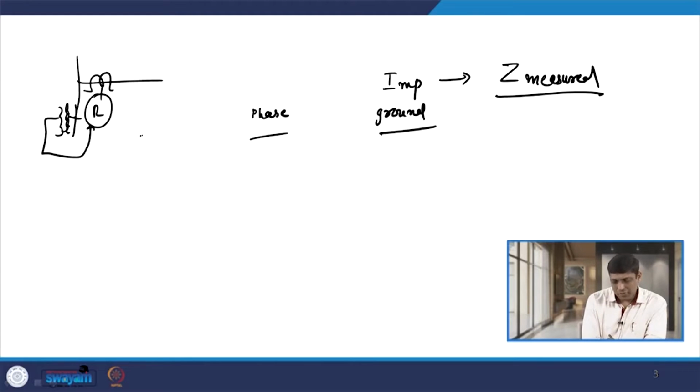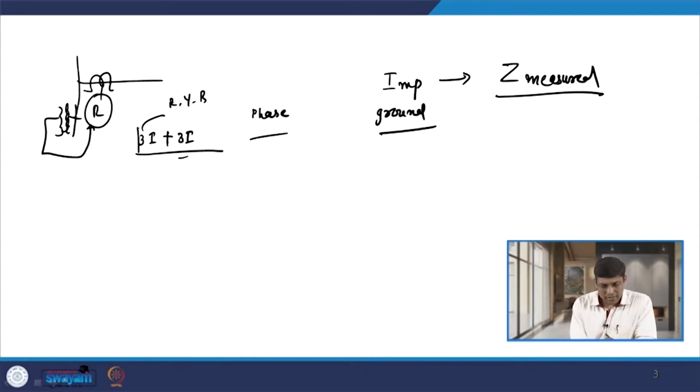So, the relay will receive 3 currents and 3 voltages. These 3 currents are for R, Y, B and 3 voltages are of each phase. So, it receives 3 currents and 3 voltages.